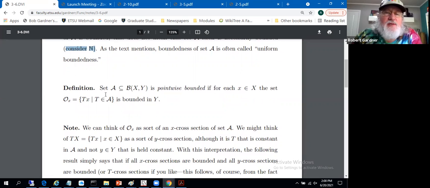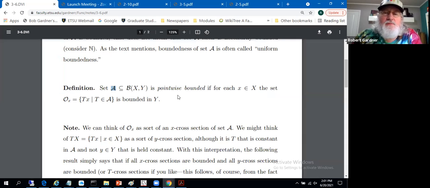And the statement is: set calligraphy A, as described above, a set of bounded linear operators from normed linear space X to normed linear space Y is pointwise bounded if for each x in normed linear space X, the set calligraphy O sub x, that is the set of all Tx's where, notice x is fixed, and T ranges over this collection calligraphy A, is a bounded set in Y for each vector x, then set A is said to be pointwise bounded.